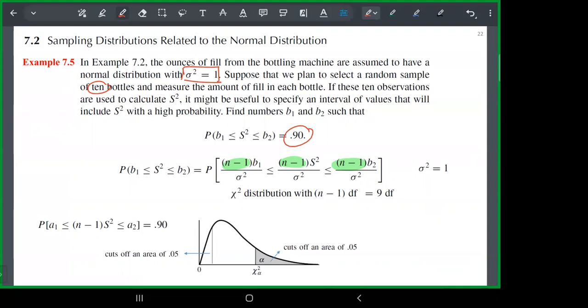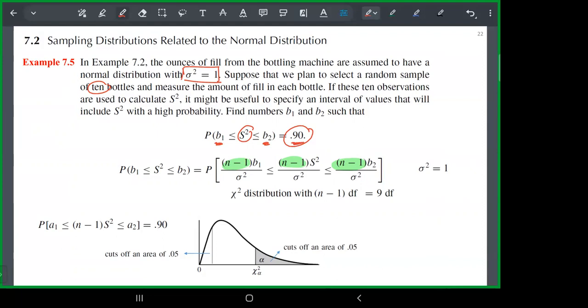All right. So what you're trying to get to is to figure out the two numbers such that the probability of S square between these two numbers is 90%, 0.9. Okay, cool.